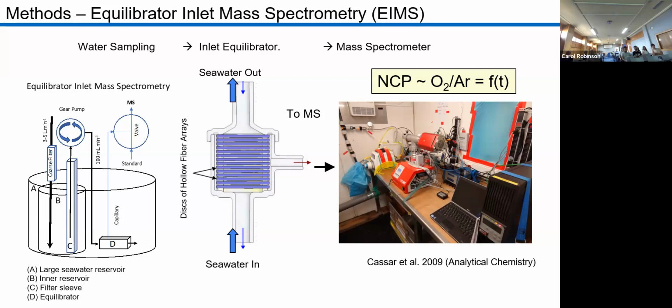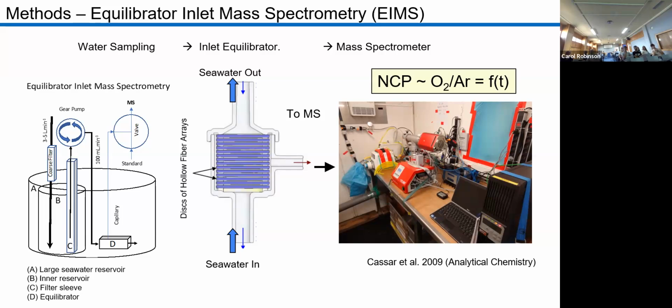You use an incubator, which is a little thing with a huge surface of material, equilibrating the water phase with the atmospheric phase. With that large surface, the equilibrated gas goes to the mass spec. So that's the beauty of it.